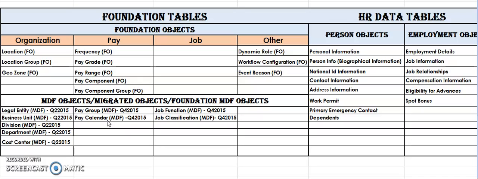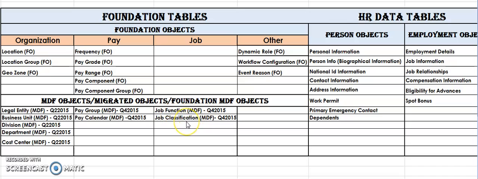And the next ones are job function and job classification. Other two MDF objects are job function and job classification. Job function is nothing but the various functions in an organization: HR function, marketing function, finance function. Accordingly we have to create these job functions and configure them as per the customer requirement.